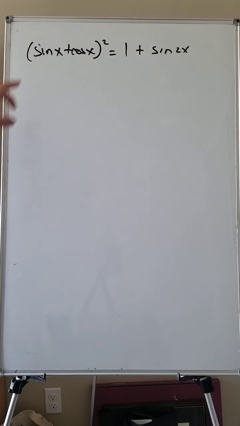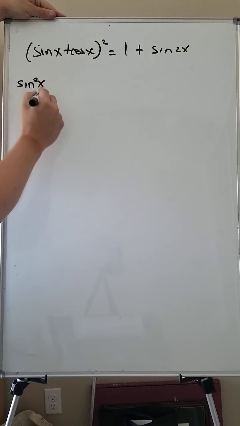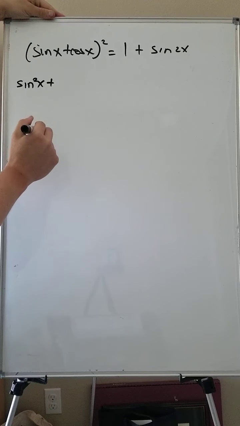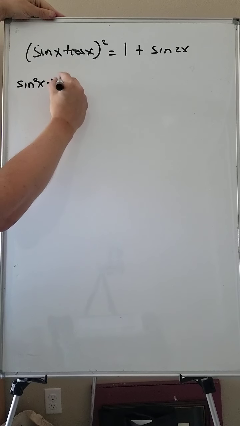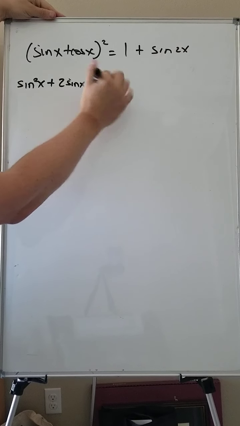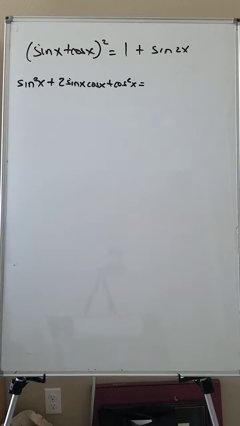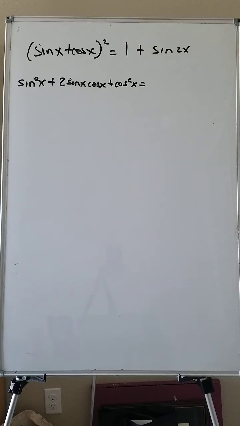And so this is really like a plus b squared. Remember, a plus b squared is really a squared, so in this case it would be sine squared x, plus 2ab, so 2 times sine x cosine x, plus b squared, which in this case is cosine squared. Okay, that's just basics. We did that way back in the beginning of the year.